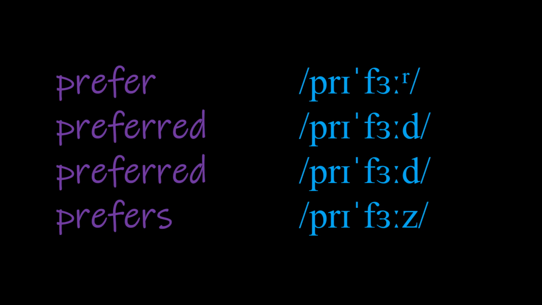There are 3 different ways that you can pronounce those ed endings in English. None of them are ed. I'll put a link in the notes below to some videos where you can learn more about that if you're interested. Basically, there are 3 ways we can say the ED, and it really depends on the sounds that are next door to each other as to which ending we choose.